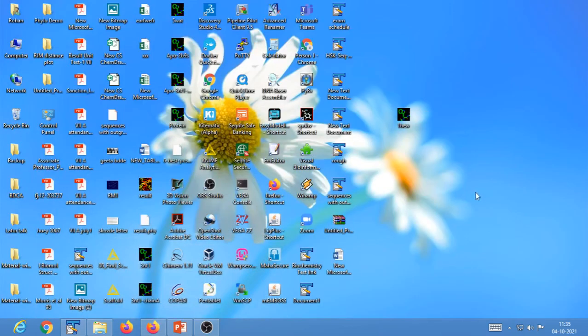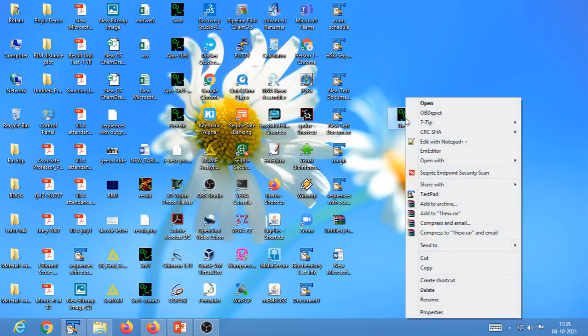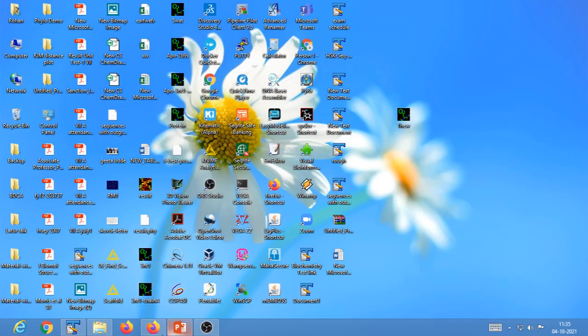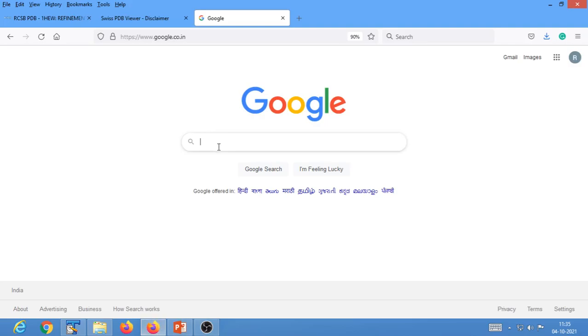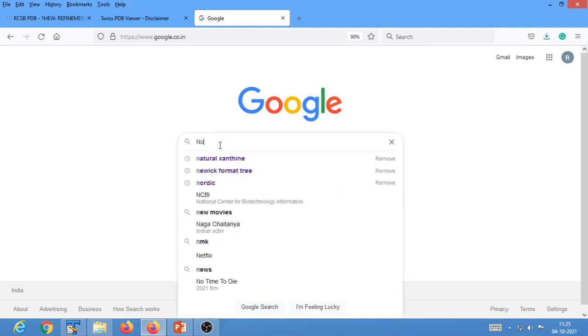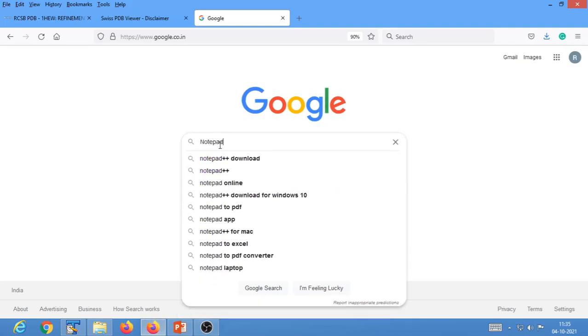For my purpose, I am going to use a text editor called TextPad. But I'm not sure if TextPad is free software. So you can use one of the other text editors like Notepad plus plus.